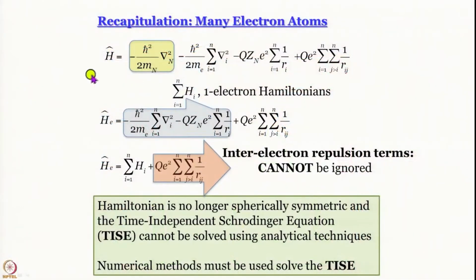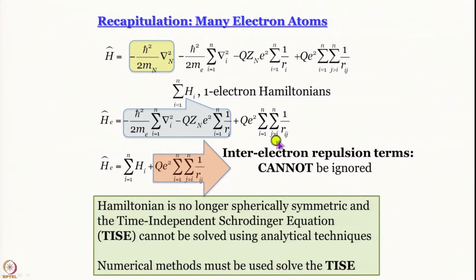But before that, I hope we have not forgotten that for many electron atoms, this is how we wrote the Hamiltonian. In a concise form, the Hamiltonian of many electron atom is essentially a sum of n number of 1 electron Hamiltonians plus a sum of this NC2 number of electron repulsions.